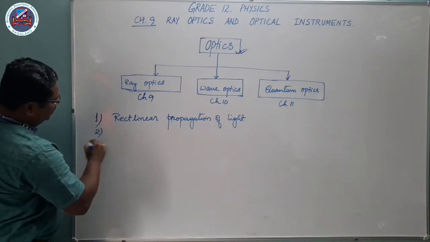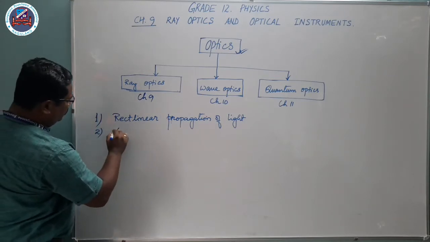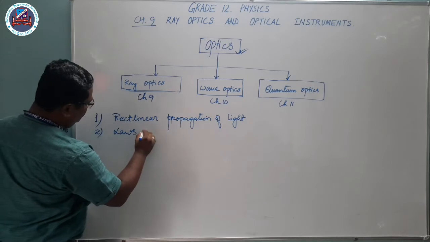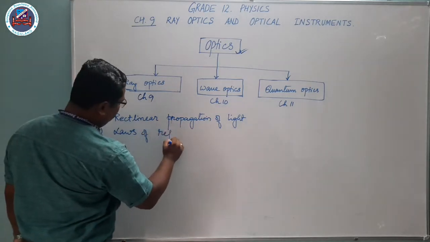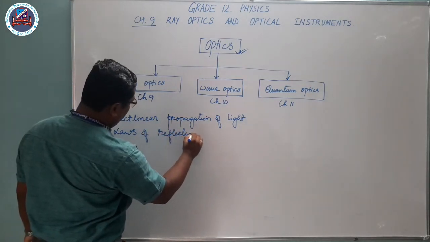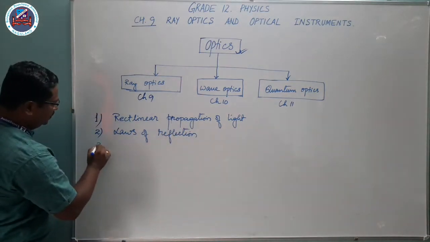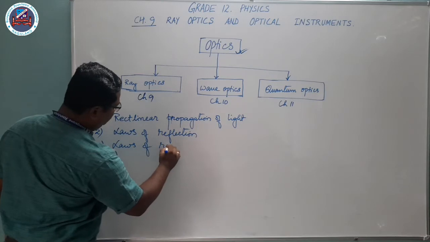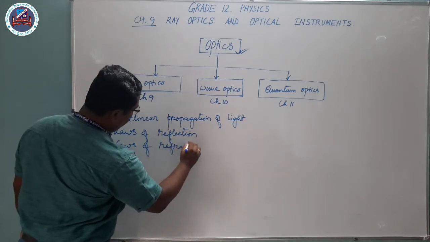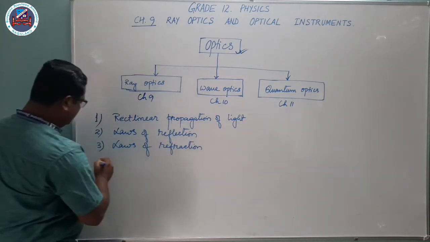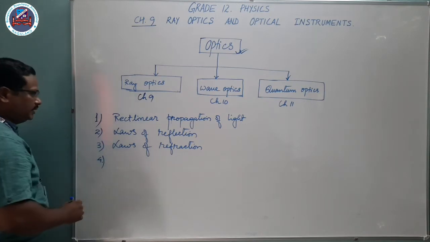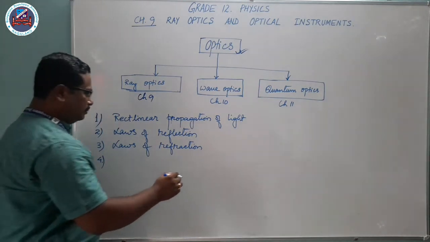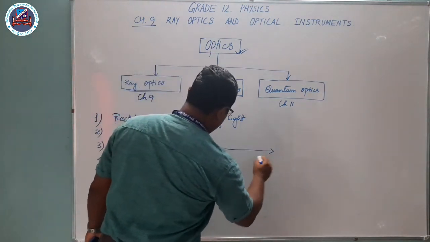The second assumption, you follow the laws of reflection. And the third assumption, you will follow the laws of refraction. And the fourth assumption, you will consider each light ray. Suppose 2 light rays are passing like this.